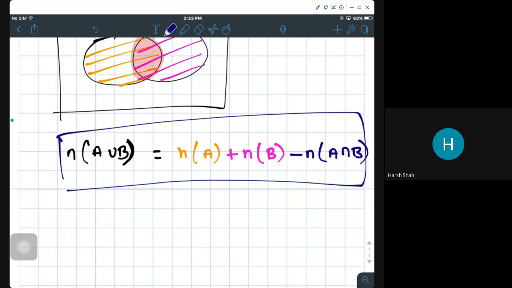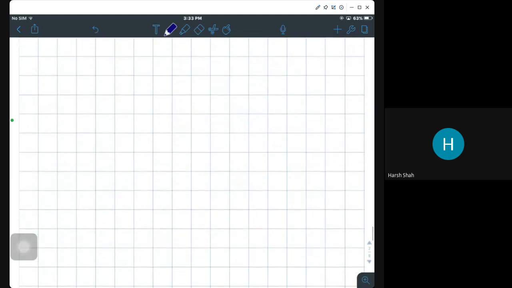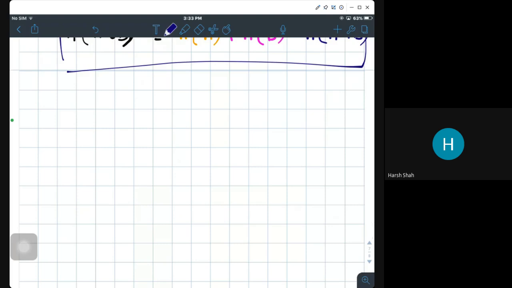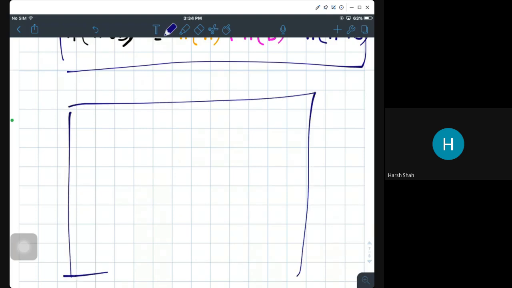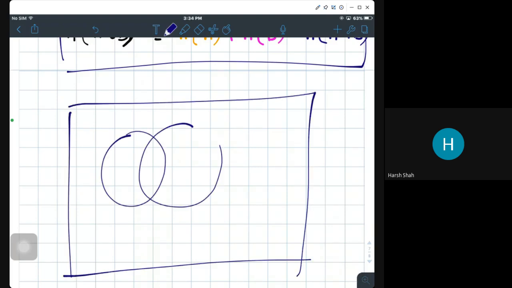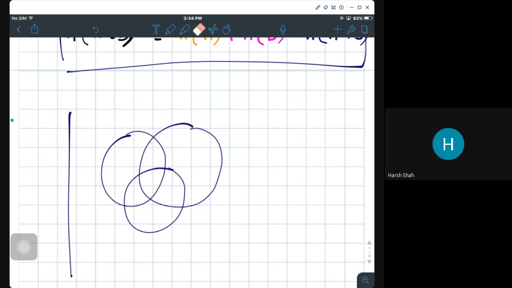Similarly, we have a formula for 3 sets. Let's say I have these 3 sets.